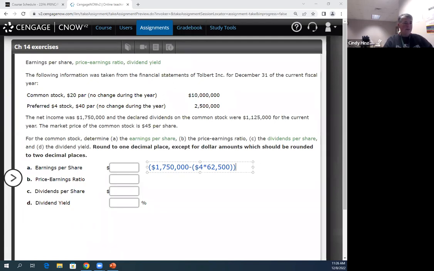That's $250,000 of the earnings of the company that went to pay the dividends for the preferred stockholders. Everybody good with that? Does it make sense? Everybody's okay with that? And so we subtract that from the net income of the company, and that leaves $1.5 million for the common stockholders.